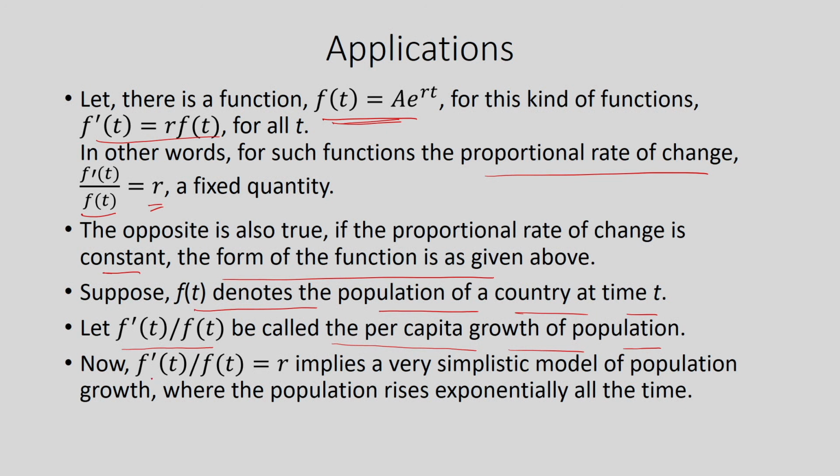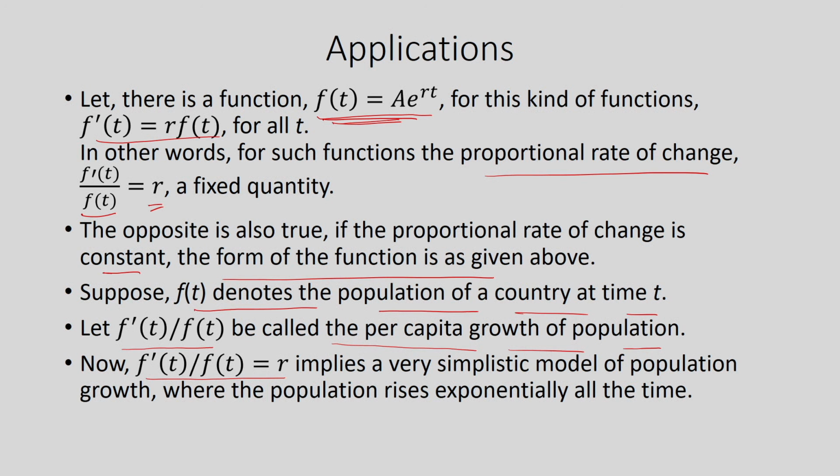Now, f dash of t divided by f of t is equal to r. Suppose that is the formula applicable for a particular country, that the per capita growth rate of population is constant, given by r. But if that is correct, it implies a very simplistic model of population growth, where the population rises exponentially all the time, because behind this we know there is the function f of t equal to A e to the power r t, an exponential function where r is constant.